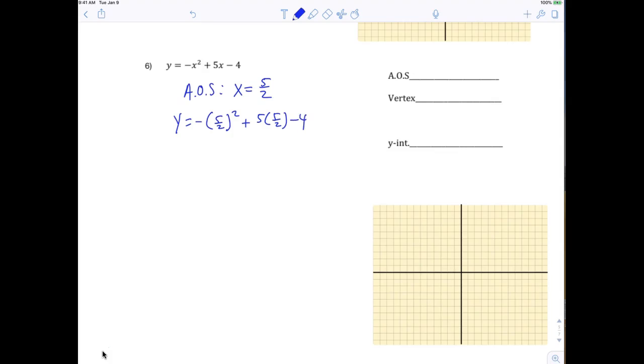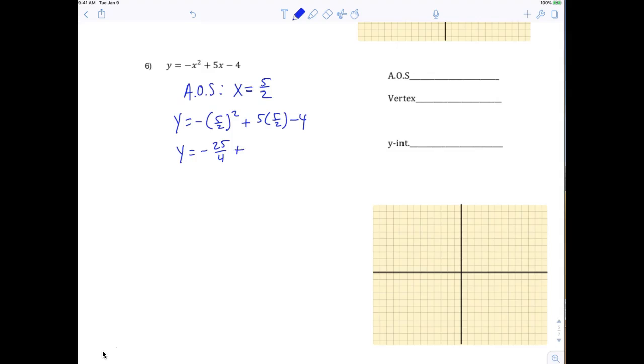And what's 5 halves squared? Come on. I said, what's 5 halves squared? 25/4. Don't forget there's a negative out in front, though. So it's negative 25/4 plus what?